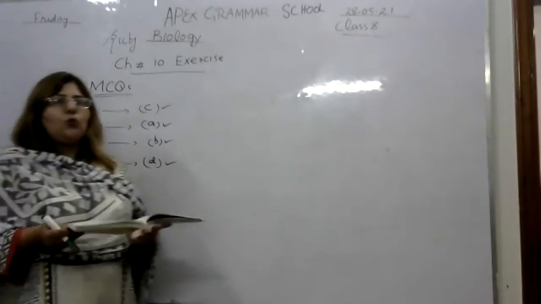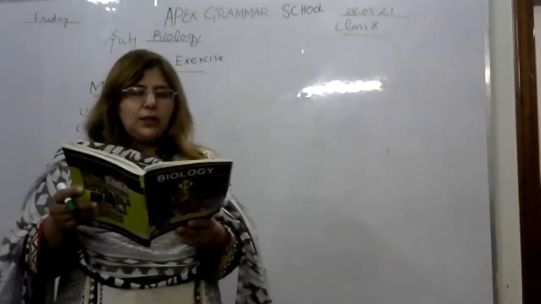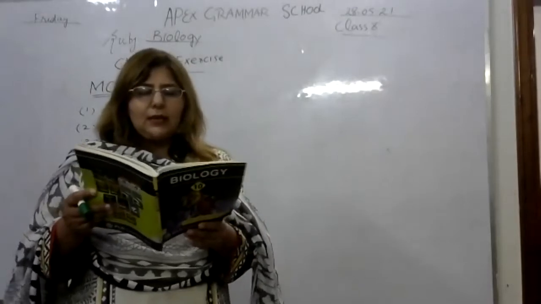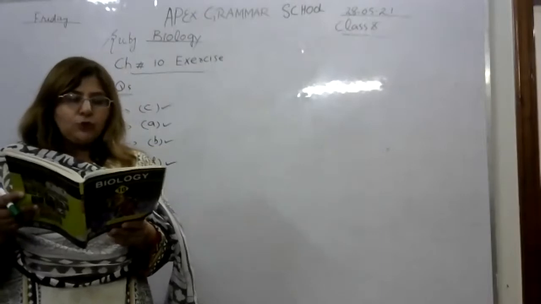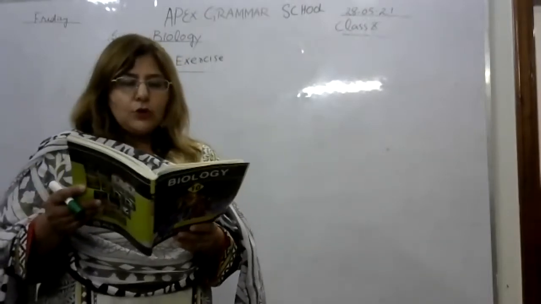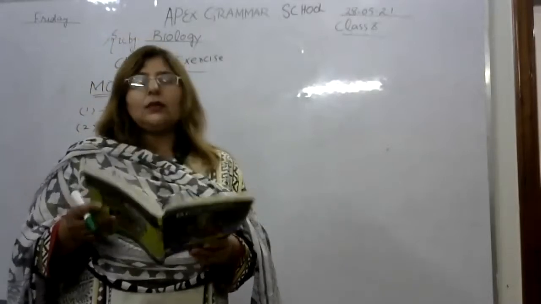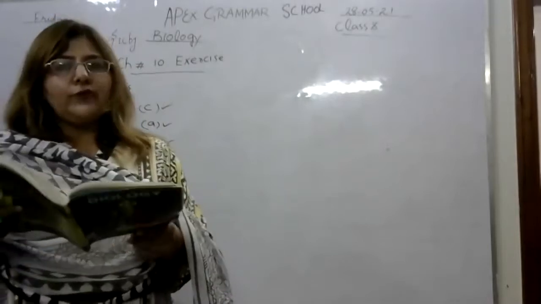Now we will go to question number 5. Which structure or activity helps in taking the air out of lungs? So you have to tell which structure in the human body is responsible for taking the air out of lungs, to push the air to remove it out of the lungs.